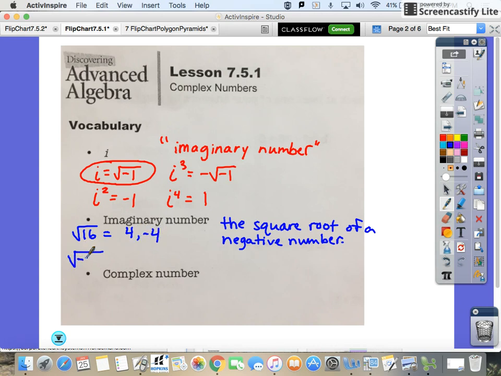And the square root of -16, if you type it into a calculator, it'll tell you non-real answer. The reason it says non-real is it's an imaginary number. So there's an imaginary solution, and what we come up with is 4i and -4i. The i is because of the negative that's under the radical.